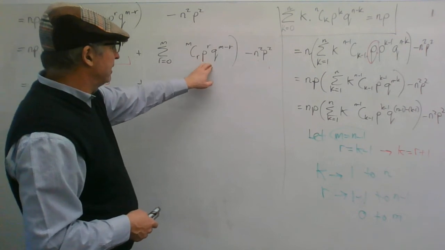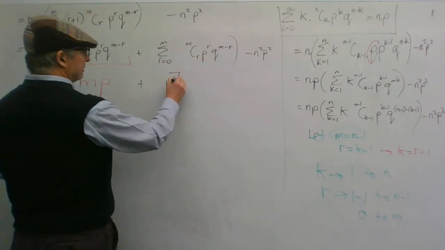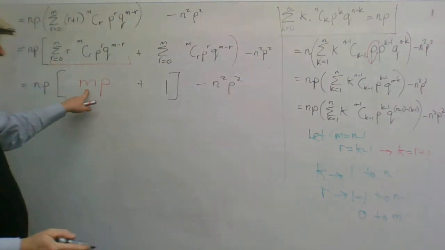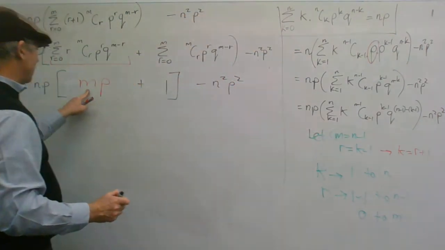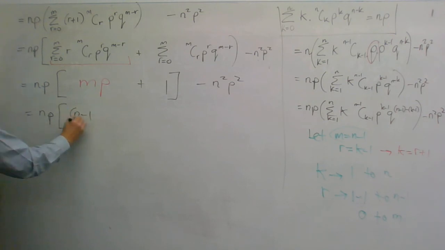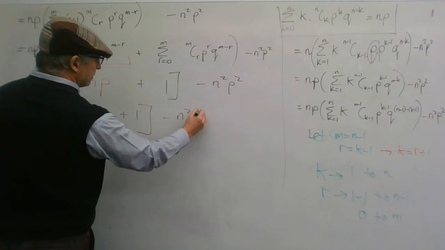That's each probability worked out. So that's just 1. And then minus n squared p squared. All right, I don't want that m there. What's m equal to? N minus 1. M equals n minus 1. So let's just pop that in there. N minus 1 p plus 1 minus n squared p squared.